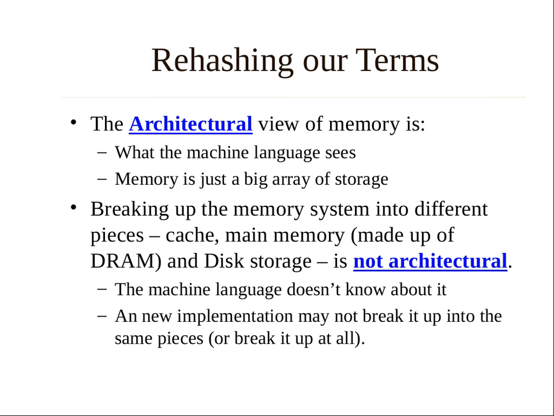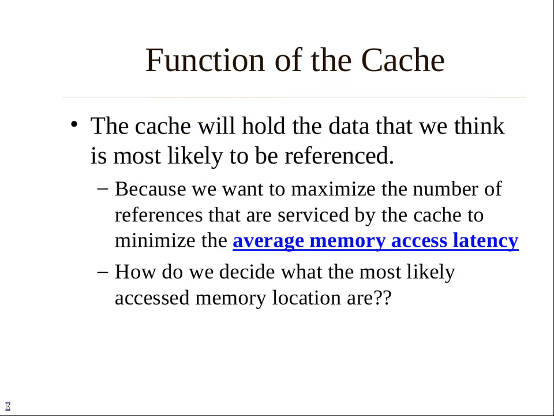What we are adding is something that's non-architectural, because we can make up memory with SRAMs, with DRAMs, with disks, with paper and pencil if we wanted to, as long as we adhere to the architectural standard. In other words, the machine language, aka the program, has no idea what's happening underneath the hood. It just cares about reading and writing to memory. The nice thing about this is a new implementation will not break your current code, which is what we want.